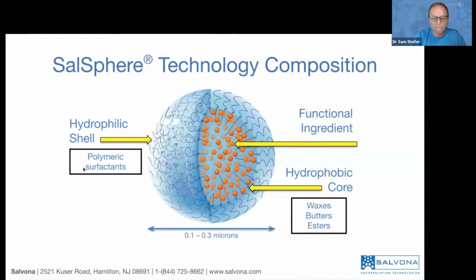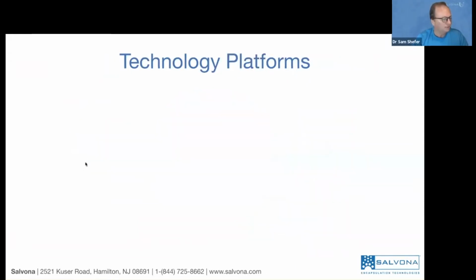For example, milk is a suspension, because there are particles of lactose suspended in the water. They are small, so it looks homogeneous. But if you filter them, you know what you get: cheese. So our Sal sphere is a suspension, and many people get confused between suspension and emulsion. So now you know what it is.